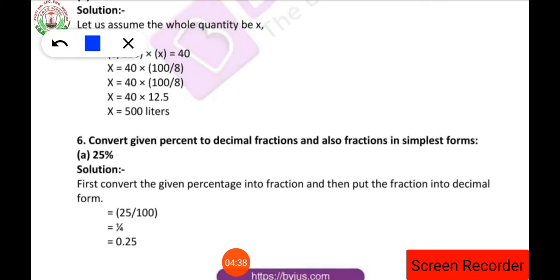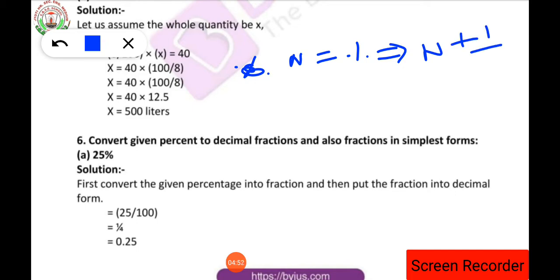So when we started this chapter revision, what I told you: when any number is converted into percent, that number will be multiplied with 1 by 100, then only it is converted into percent, isn't it? When we have to convert a fractional number or any number into a percent, we multiply it by 1 by 100, then it will automatically get converted.